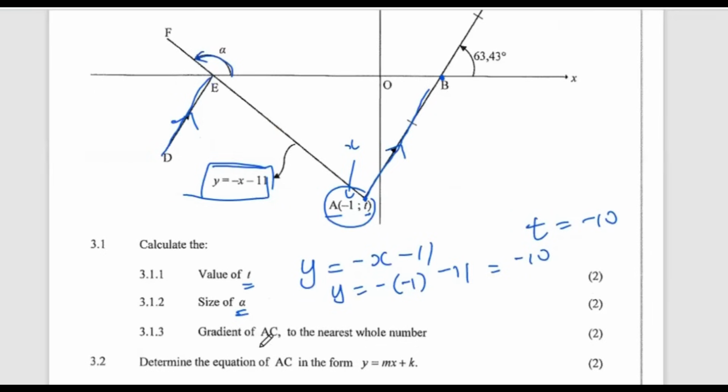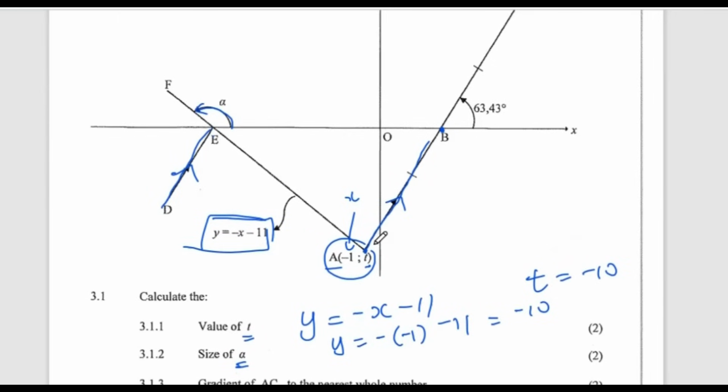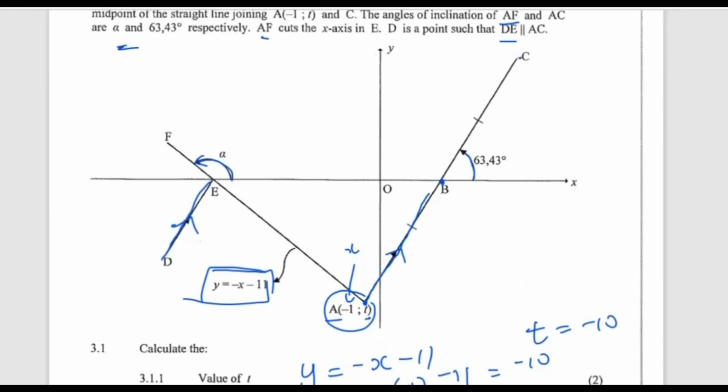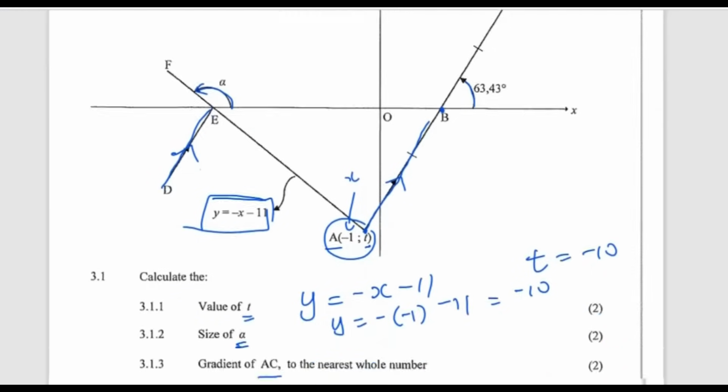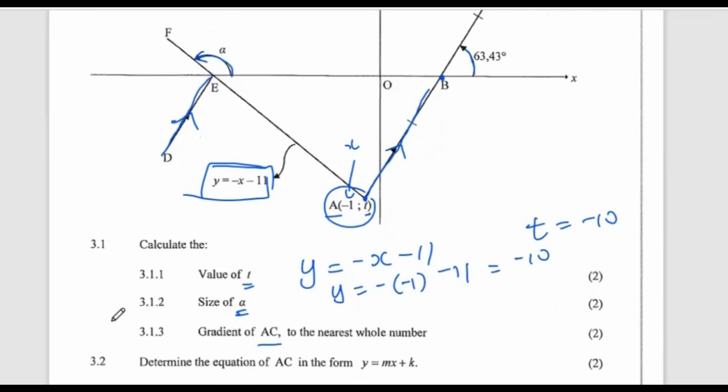Then 3.1.3, they want the gradient of AC to the nearest whole number. So AC is this line. But all we know about this line is just one coordinate, which is A. We don't have any other coordinate points, so we cannot use the normal change in y over change in x. But all we have is the inclination angle.